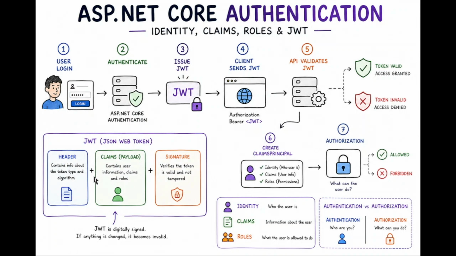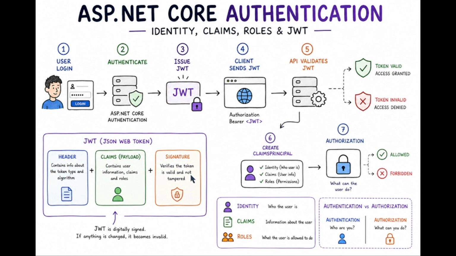Header contains information about the token type and algorithm. Claims or payload contains user information, claims, and roles. Signature verifies the token is valid and not tampered.